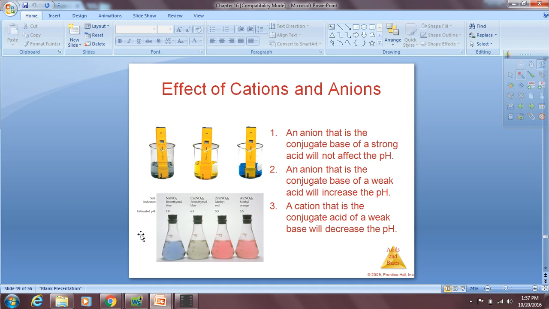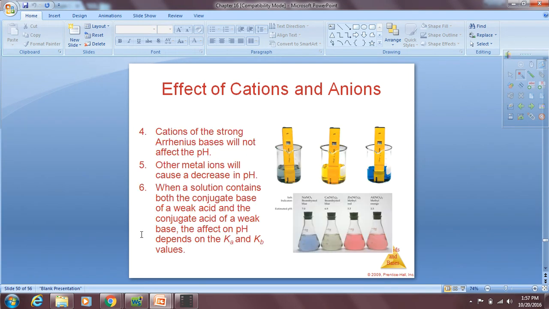An anion that is the conjugate base of a strong acid will not have an effect on the pH. It's just too weak. An anion that is the conjugate base of a weak acid will increase pH. Of course, we know bases increase pH and move it toward 14. A cation that is the conjugate acid of a weak base will decrease pH. Of course, acids will decrease pH, so we know that.